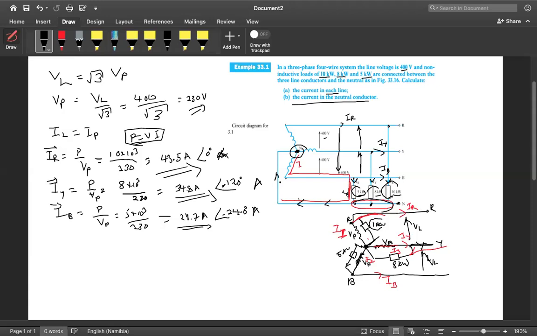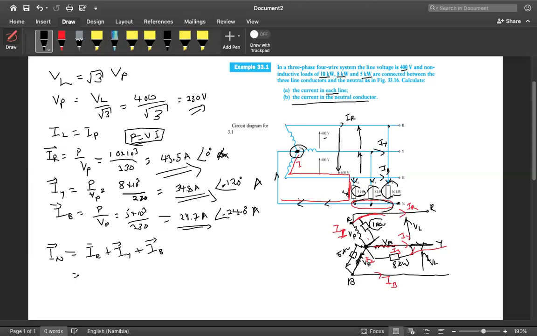You can choose to do it in a trigonometric way, where you draw the phases of the currents, then resolve them into components, in the x and the y, then use your Pythagoras theorem to solve it. But you could also use phasor sum. So I can simply say my IN is equal to my IR plus my IY plus my IB.